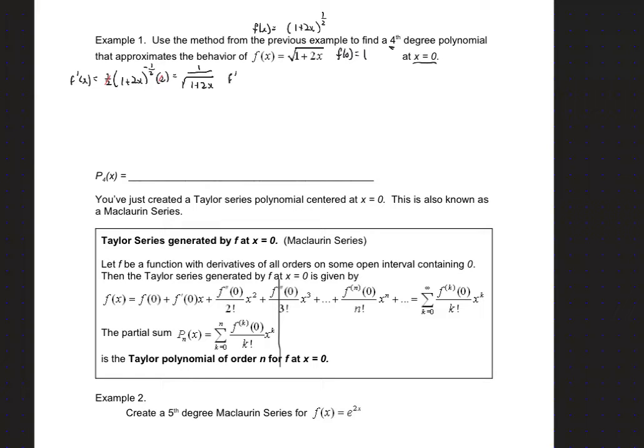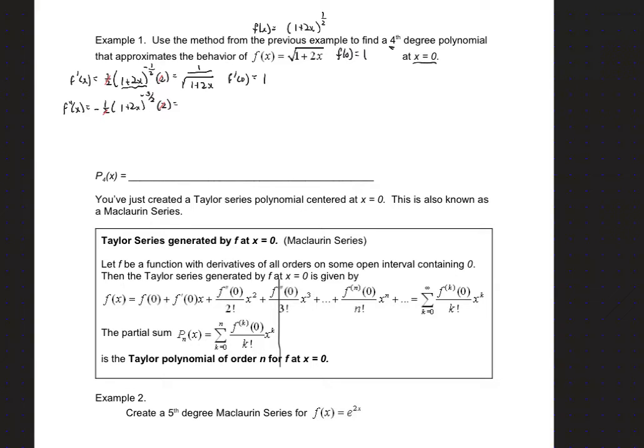So that means f prime of 0 is going to be 1 over the square root of 1, which is 1, so that also is going to be 1. So then we'll take our second derivative, differentiating this now, so that's going to be a negative 1/2. Now we have 1 plus 2x to the negative 3/2, and again times the 2 from the chain rule, and we'll again be able to cancel those 2's.